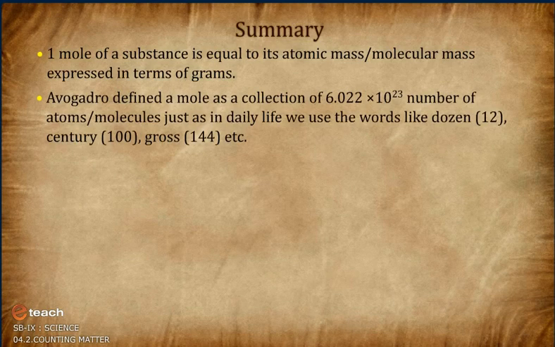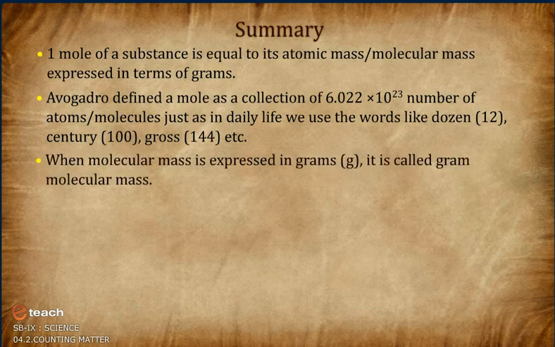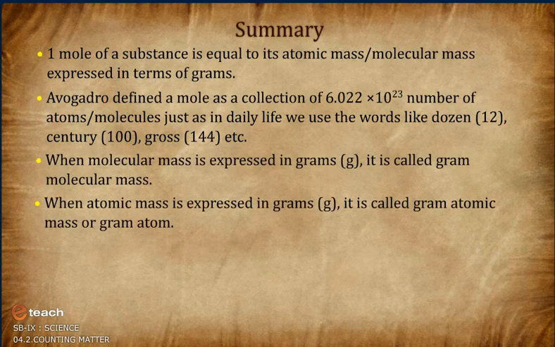Avogadro defined a mole as a collection of 6.022 x 10^23 atoms or molecules, just as in daily life we use words like dozen, that is 12, century, 100, gross, 144, etc. When molecular mass is expressed in grams, it is called gram molecular mass. When atomic mass is expressed in grams, it is called gram atomic mass or gram atom.